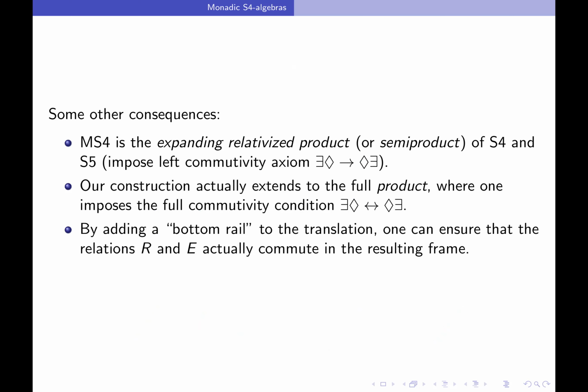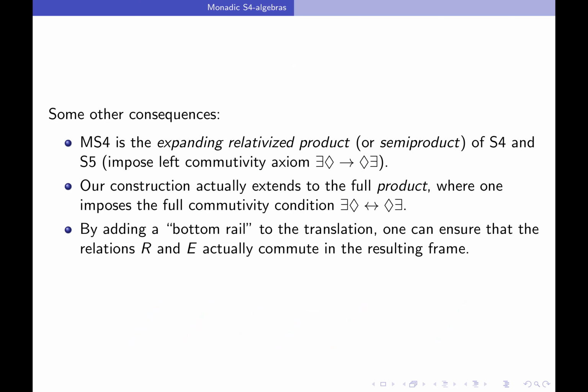So that's the idea. And something we realized recently is actually this construction. One way to think about MS4 is that it's the expanding relativized product, which basically just means you have an S4 operator and an S5 operator, and you impose left commutativity, which is how we defined MS4. If you want the full product of S4 and S5, that would mean that you insert a full commutativity axiom between the two.